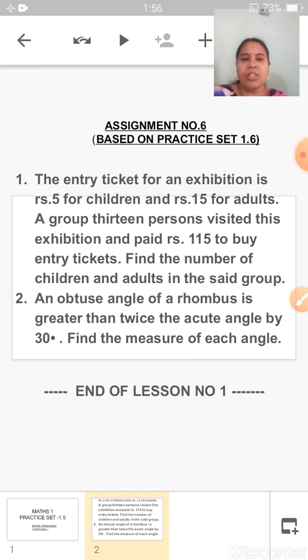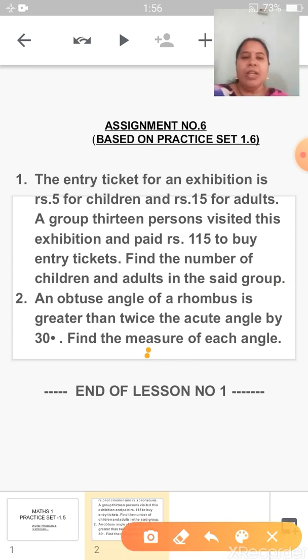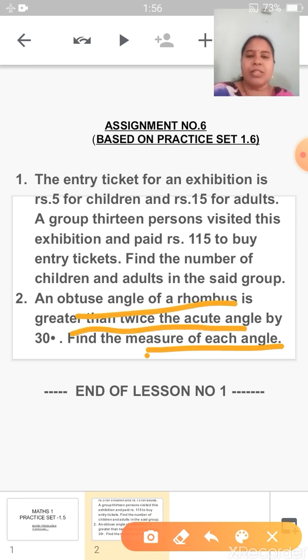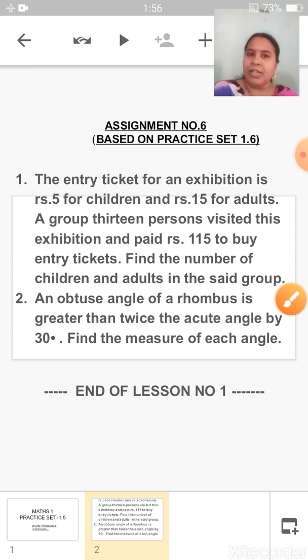So our first step of assumption here will be, let the obtuse angle be x while the acute angle be y. Now for the first equation, they have given you an obtuse angle is greater than twice the acute angle by 30 degrees. Make use of this and get one equation. Now what about the second one? There is nothing else specified here.